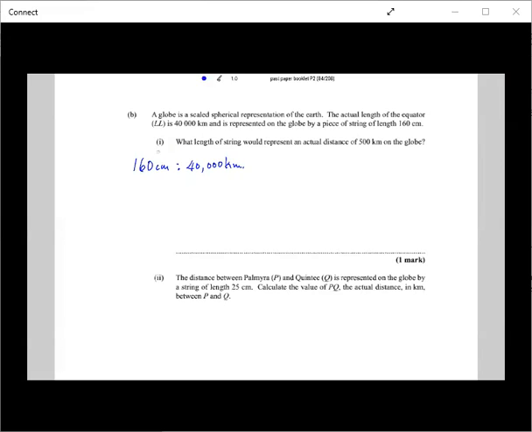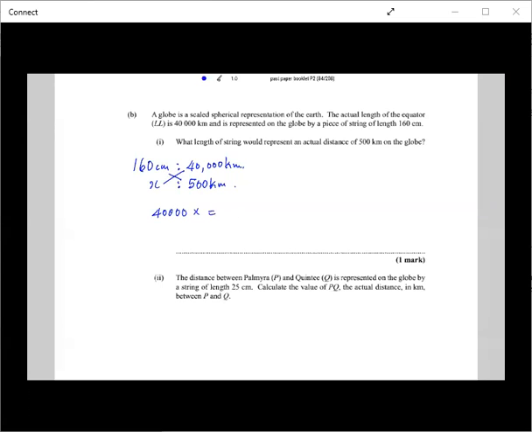Whenever you have a map, this is what 160 centimeters is on the map or the globe, and 40,000 kilometers is actual. So map to the left, actual to the right. Now, this actual distance is 500 kilometers. I don't know what length of string is representing it on the globe, so I call that length of string X. Then I'm going to cross multiply. So this is 40,000 X is equal to 160 times 500.